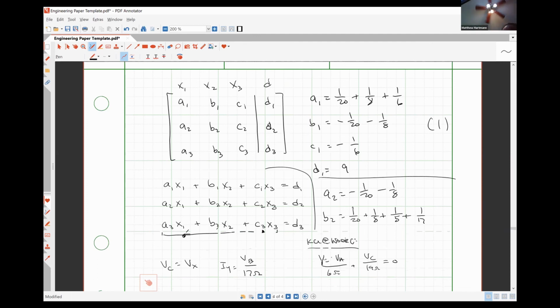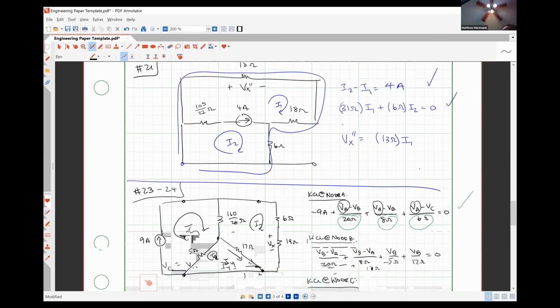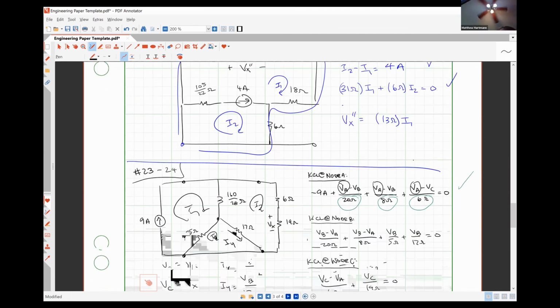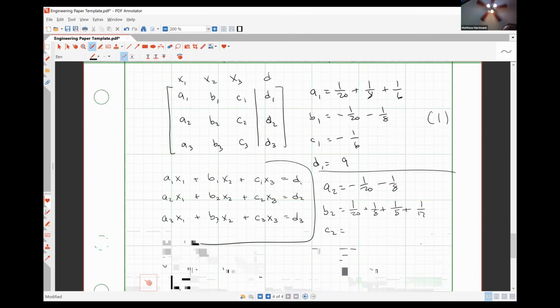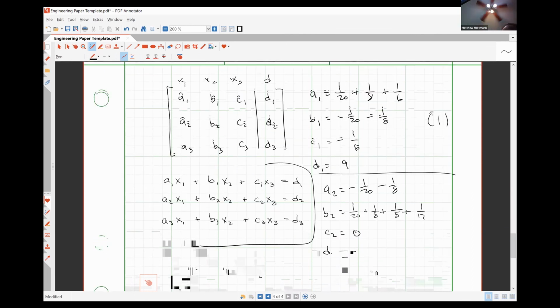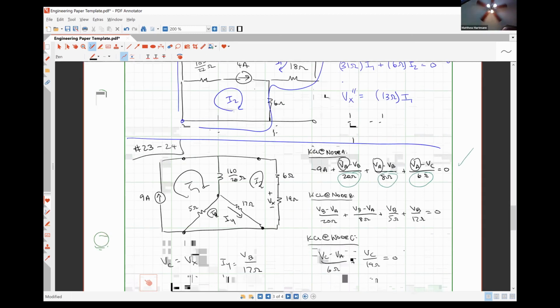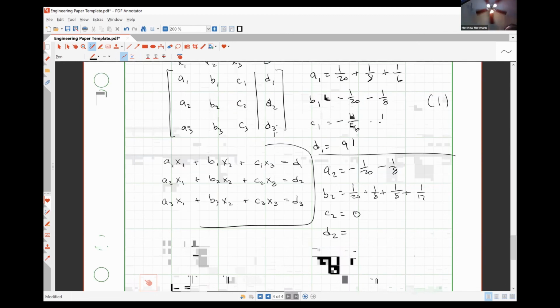My coefficient for C2, what's corresponding with VC, there isn't a VC in my equation, so that's going to be 0. And similarly, this equation is equal to 0. There is no constant value term, so D2 is 0.